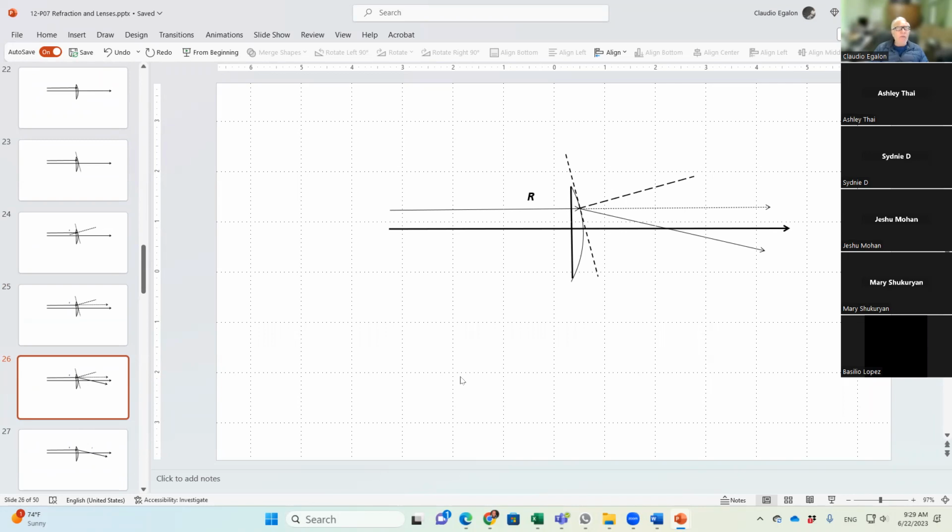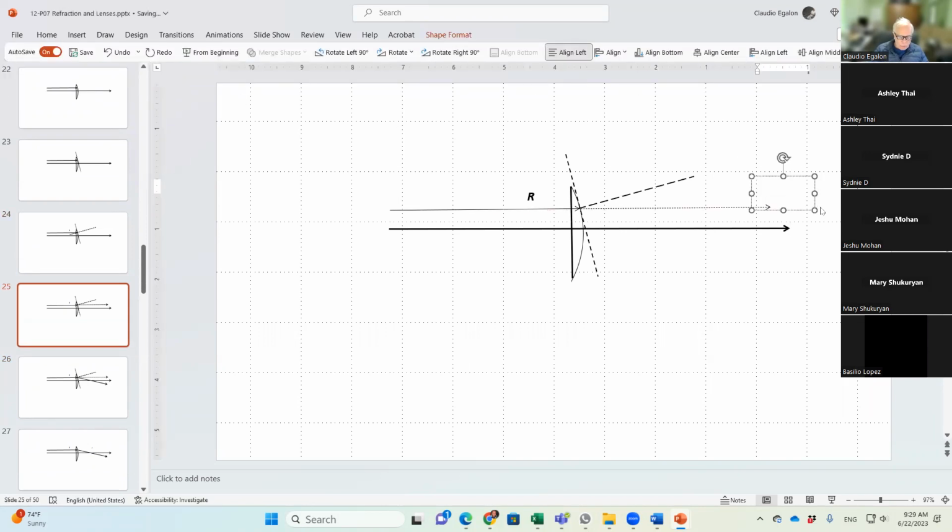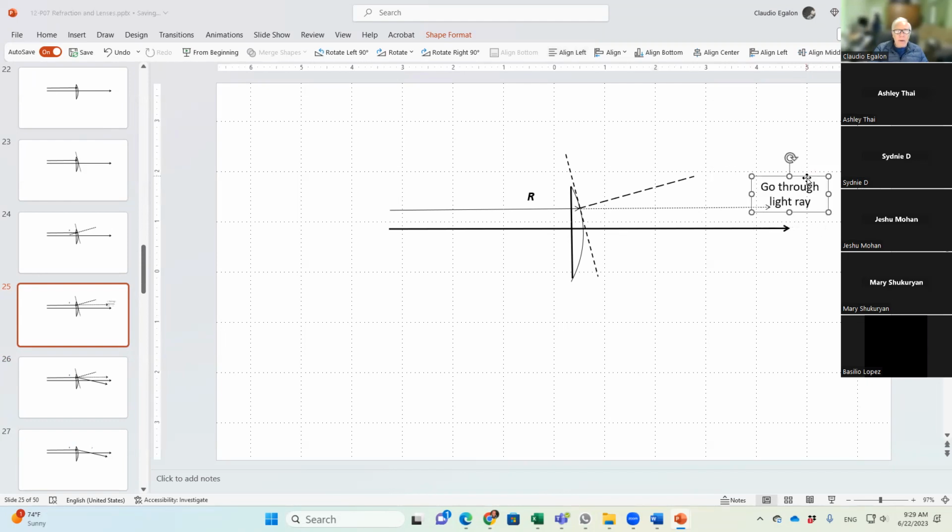Let's call it the goes through light ray. It's a very good concept. I'm gonna write that down here for you, so you can go through it. Goes through light ray. That's the one.